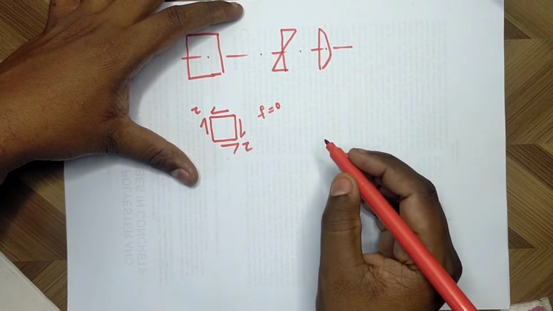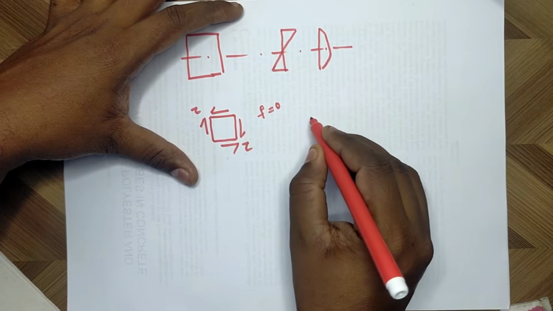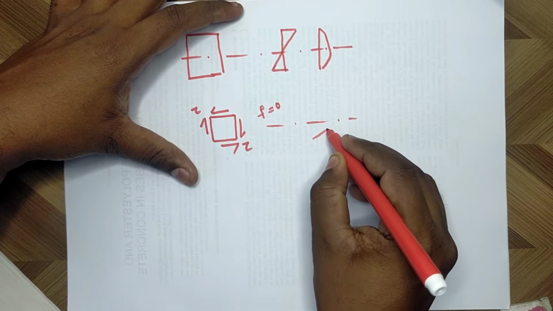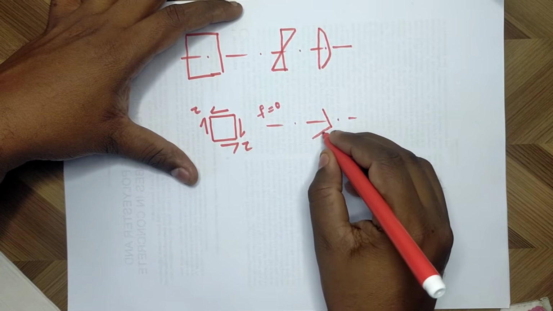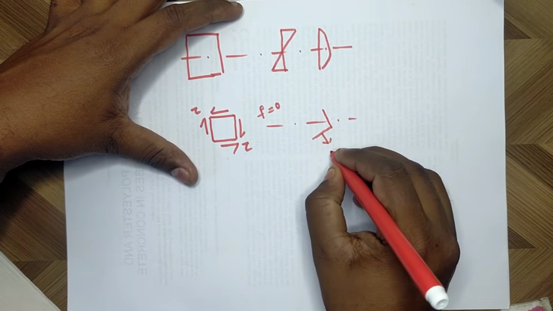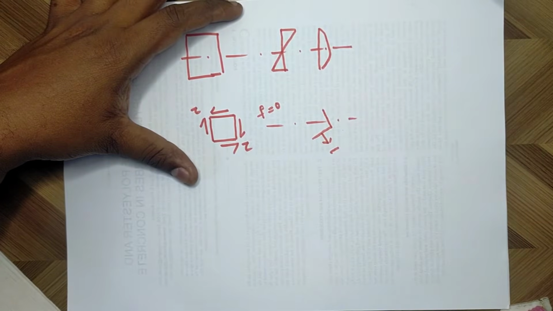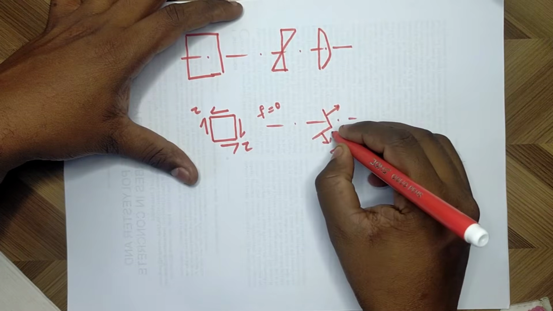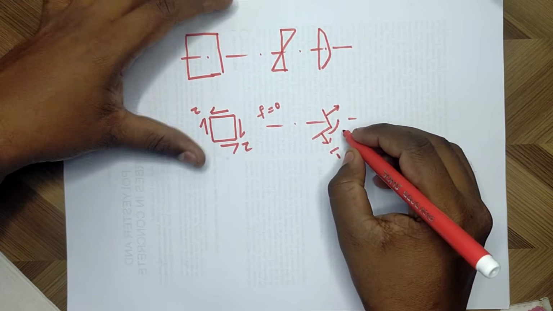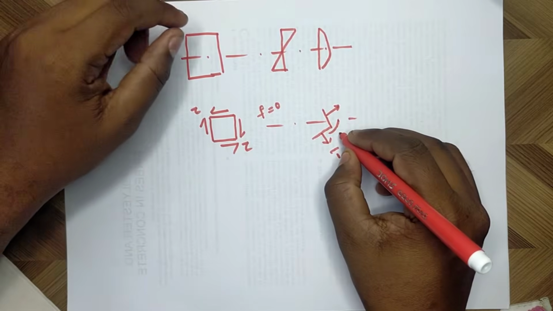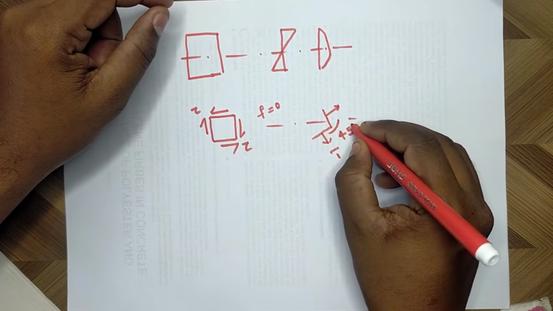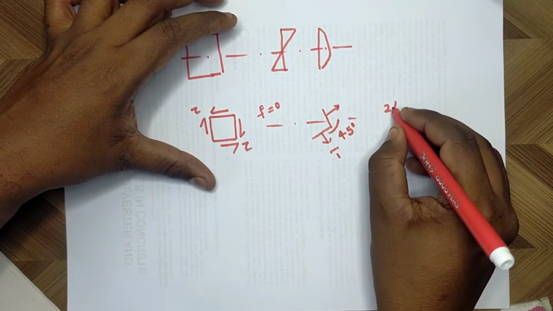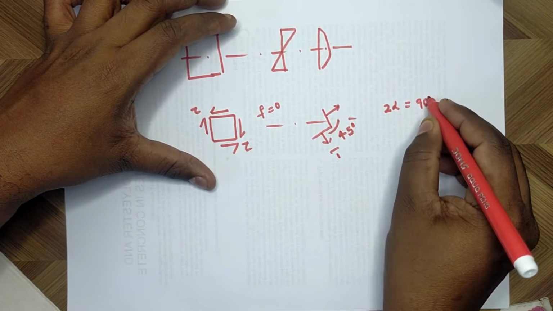In this case, we already discussed that the maximum principal tensile stress will make an angle of 45 degrees with the axis, right? In that case, 2 alpha is typically 90 degrees.